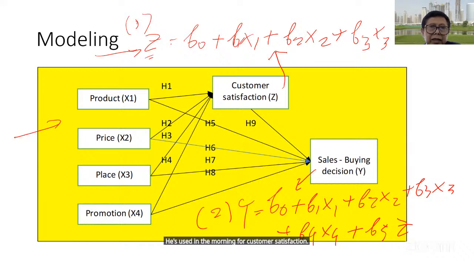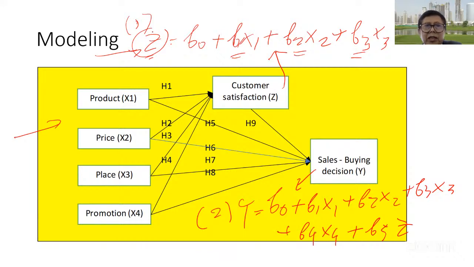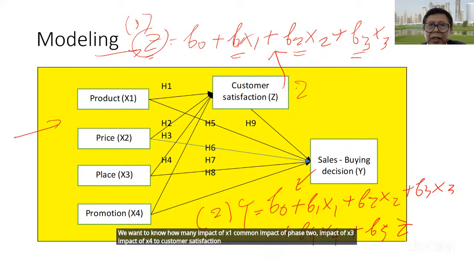In econometrics, we want to know how much impact X1, X2, X3, and X4 have on customer satisfaction. For example, when we calculate with the SPSS application, B0, for example, is 1.5.